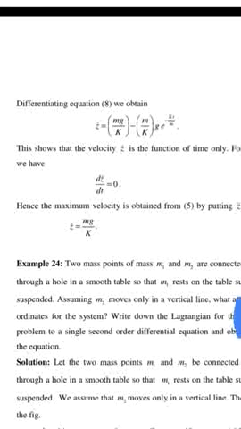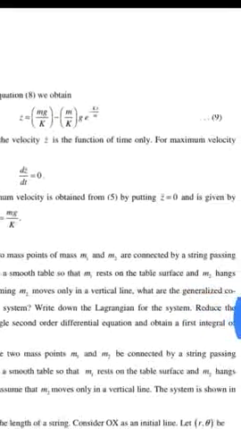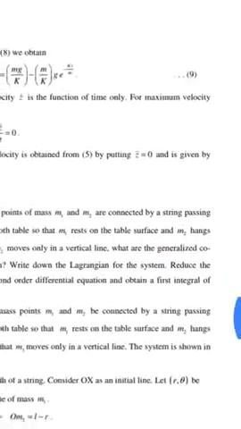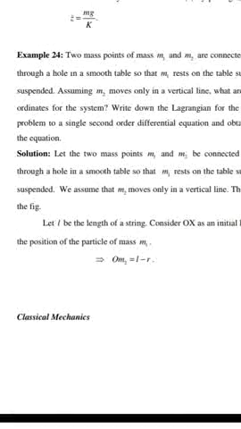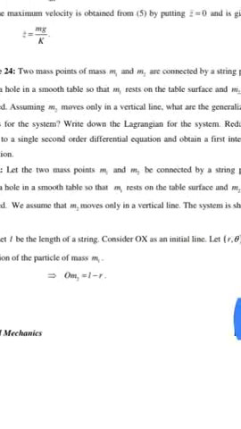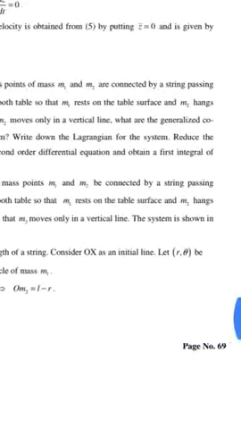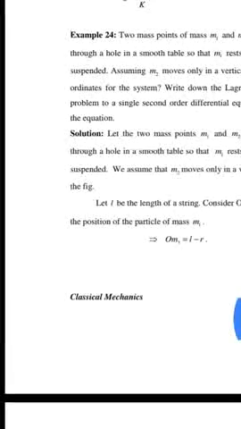Two mass points of mass m1 and m2 are connected by a string passing through a hole in a smooth table, so that m1 rests on the table surface and m2 hangs suspended.